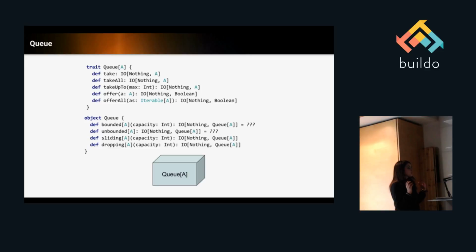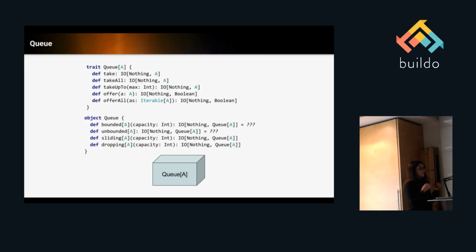So bounded queue has three strategies: back pressure, sliding, and dropping strategy. So in order to create a queue, you can choose what you want following your specification, what you want to do with the queue.